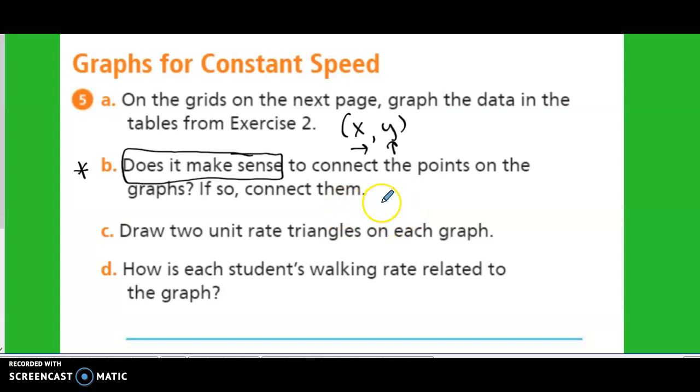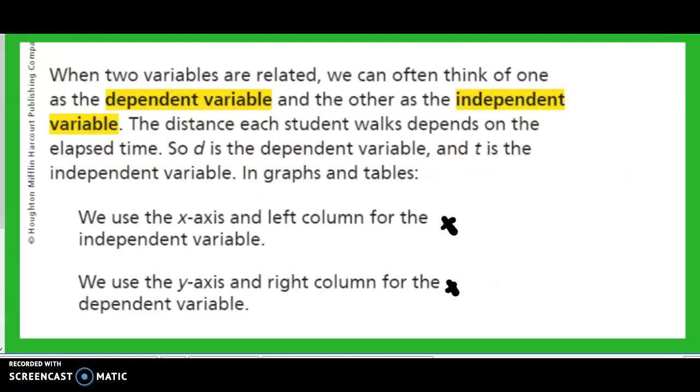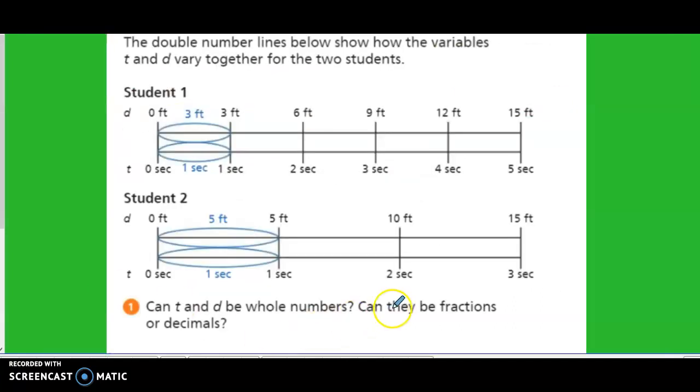How do we know? It goes back to that first question of, can the time value, the independent variable, go back to this question here. Can they be fractions or decimals? If you answer yes, so in other words, could I find how far student 2 walks after 1.5 seconds?